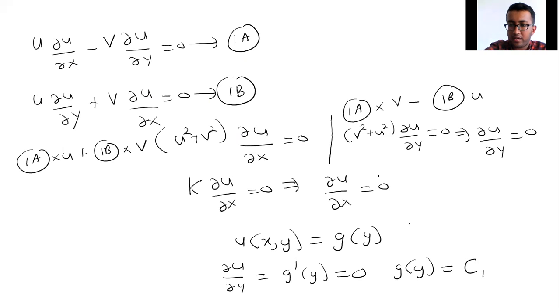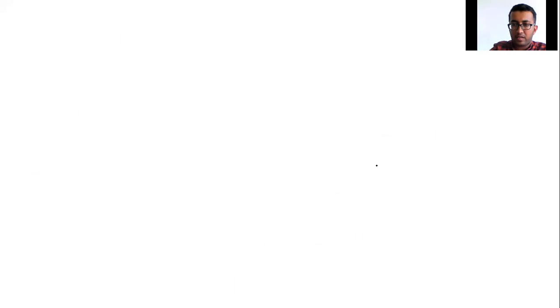So therefore I know the function u(x,y) equals g(y), so I can say that u(x,y) is equal to c1, right? So now I have to evaluate v(x,y) in this way, right? By using this kind of procedure, I can find v(x,y) also.